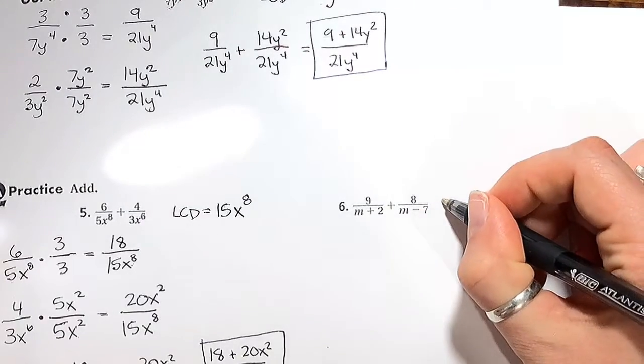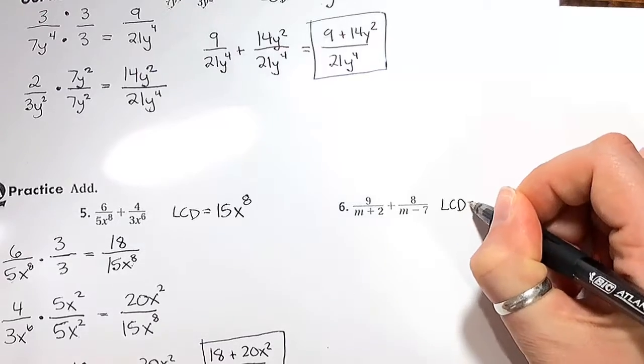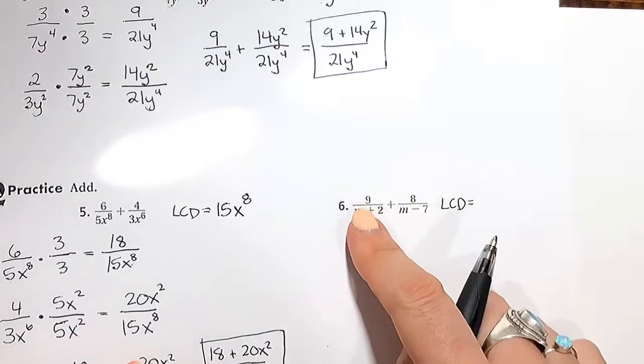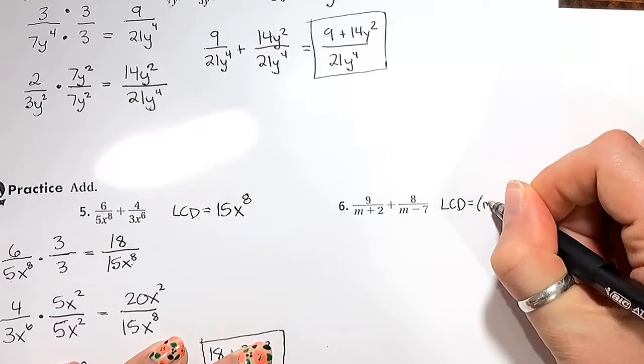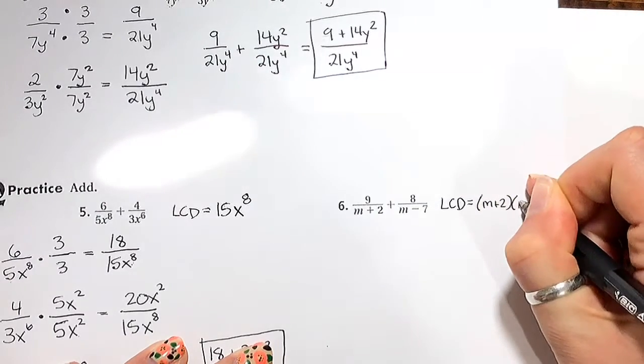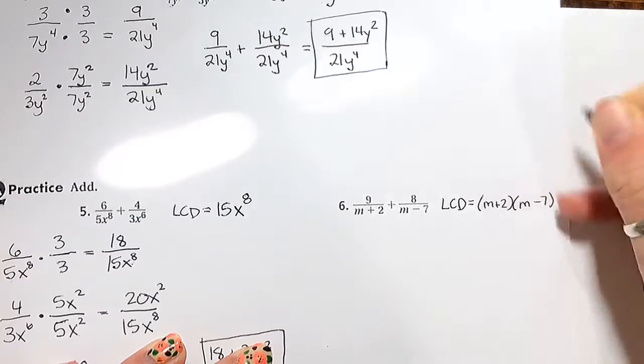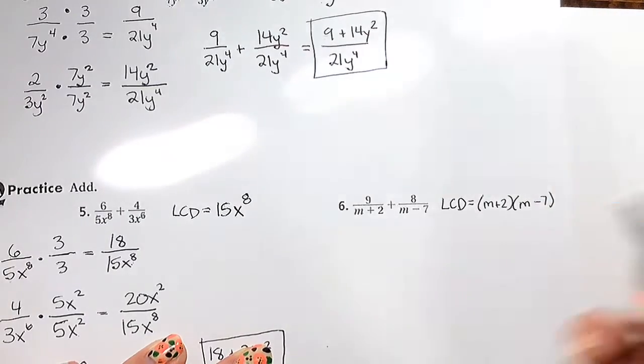So these types of problems, their LCD is actually just going to be this binomial times this binomial. So it's going to be m plus 2 times m minus 7. And if you wanted to, you could FOIL it and turn it into a trinomial, but I actually think it's easier just to leave it in that factored form, and I'll show you why in a second.